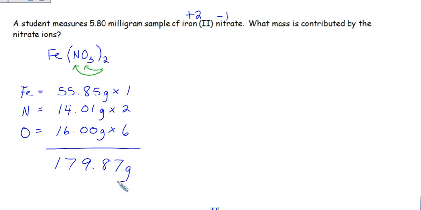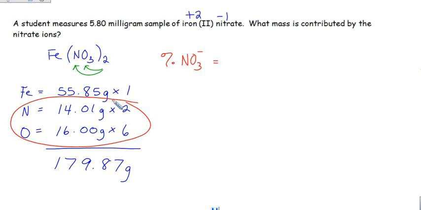Now, similar to a previous problem, I want to find the percent nitrate in this compound. So I'll have something that looks like this. Percent nitrate. Nitrate ions. That's all of this. The 2 NO3 groups. It's okay that it's a -1 charge, so what?